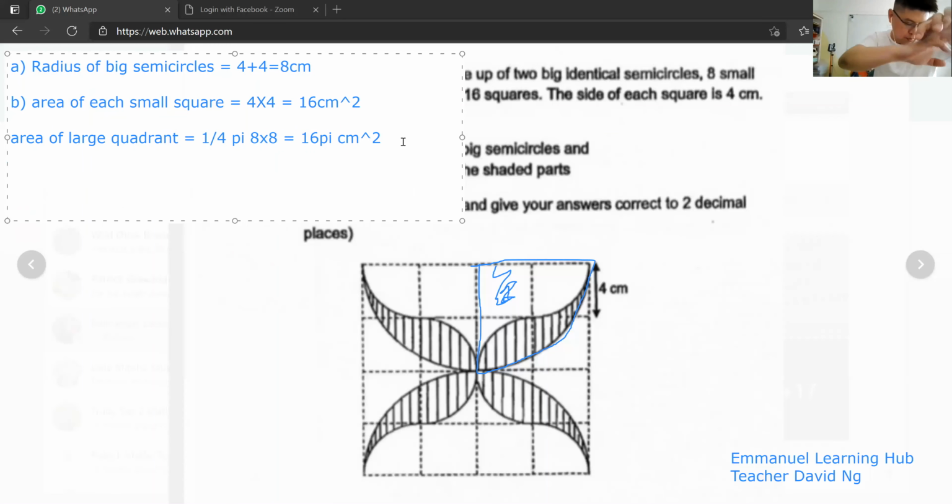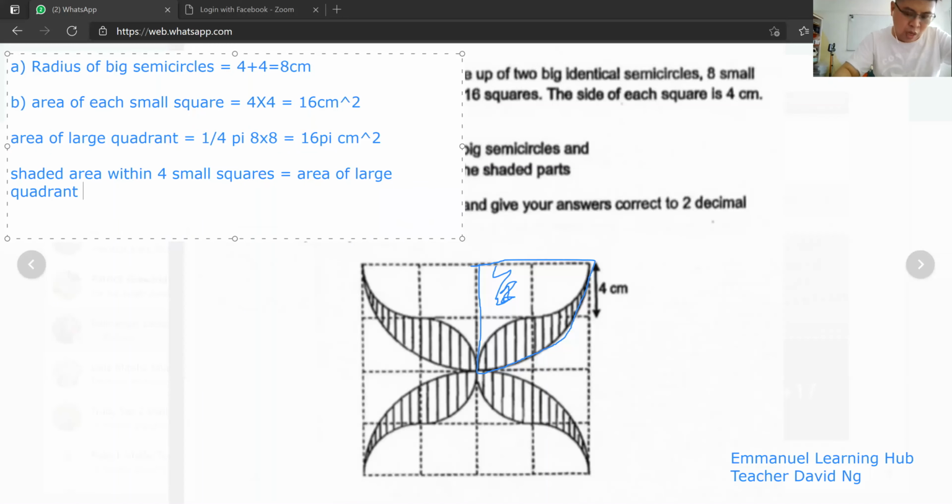Then the shaded area within 4 small squares will be equal to the area of the large quadrant minus 2 small squares.